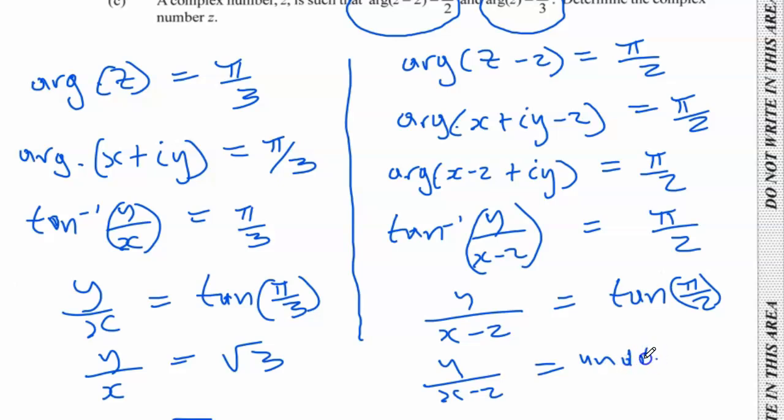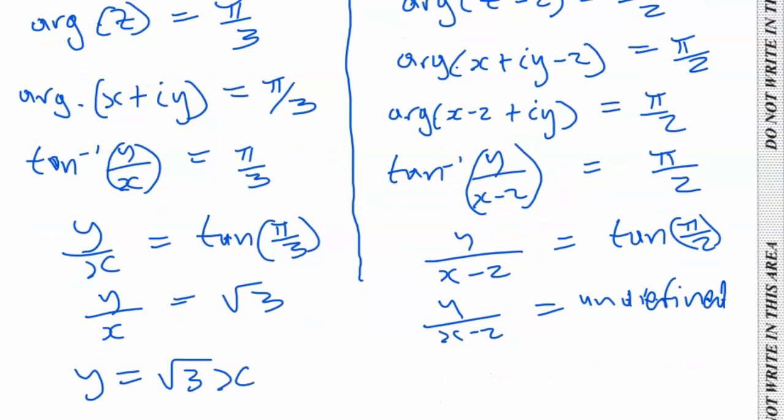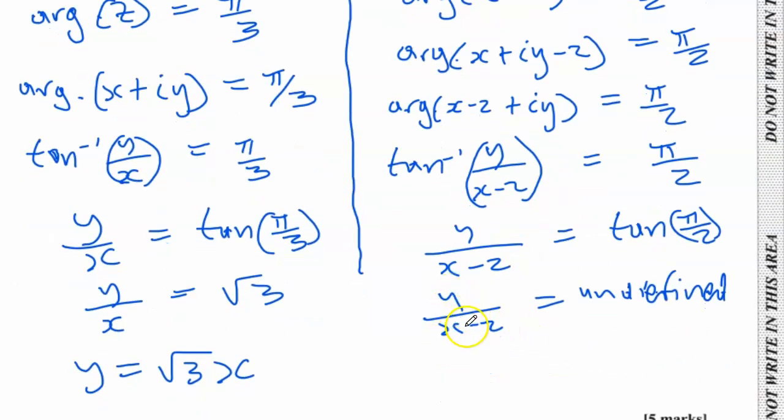Tan pi over 2 is undefined. I tried that on a calculator, and ended up with a math error, which means that for y over x minus 2 to be undefined, the denominator x minus 2 would have to be 0. So x minus 2 would have to be 0, because y divided by 0 is undefined, which means that x would have to be 2. Notice when x is 2, the denominator there is 0, which would make it undefined.